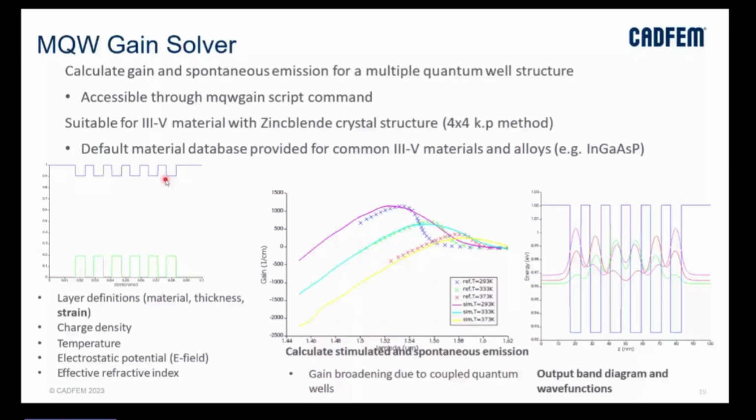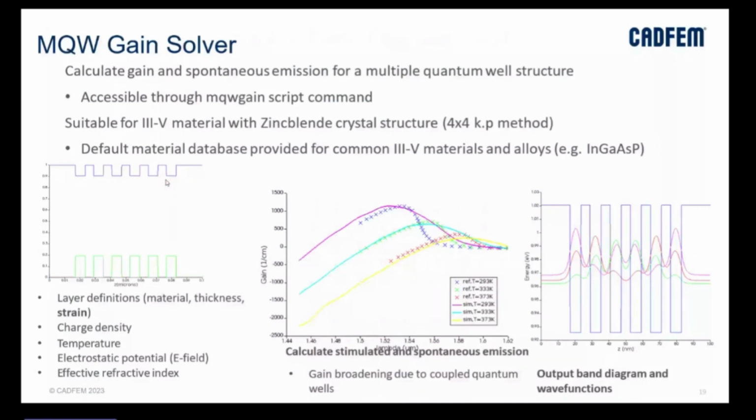We look at the electrostatic potential, and how, if you apply a voltage, the energy band shifts. Because of the shifting, the absorption peak changes. The excitonic absorption peak shifts because of the application of voltage. These things we understand in the QWM solver, which is basically part of the multiphysics solvers.